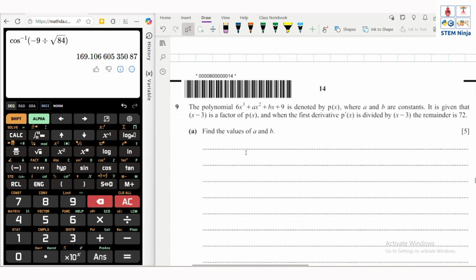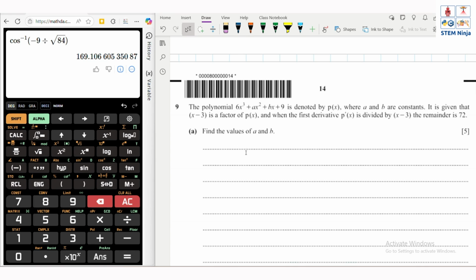The polynomial 6x cubed plus ax squared plus bx plus 9 is denoted by p of x, where a and b are constants. It is given that x minus 3 is a factor of p of x, and when the first derivative p dash x is divided by x minus 3, the remainder is 72.